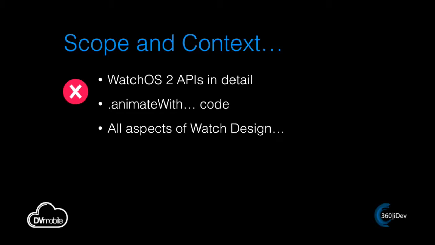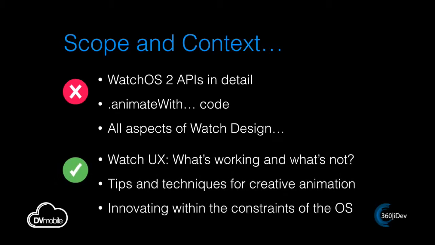We're not going to be doing animation with code or all aspects of UX design. What we're going to focus on is user experience, specifically things that we found are working, and then identify some things that are not working. And then specifically focus on some tips and techniques for creative animation.